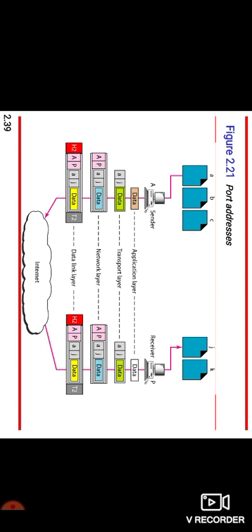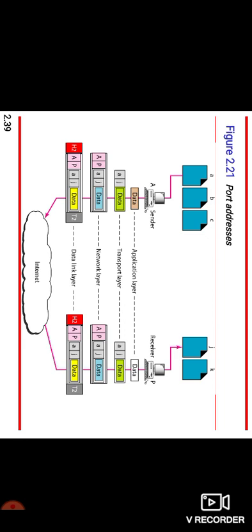Here a, b, c are the processes on the sender A, and j, k are the processes on the receiver. A is the sender and P is the receiver, and A and P are the logical addresses. A wants to send data.